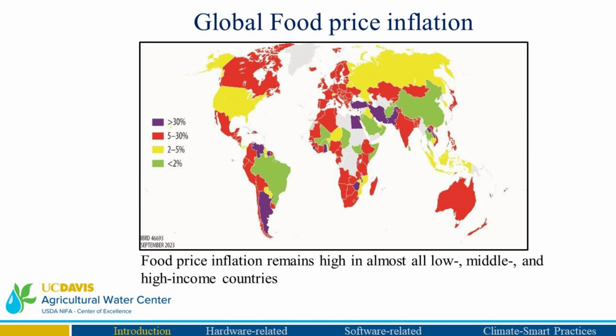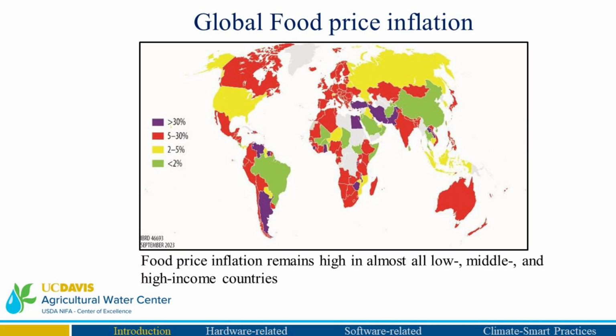Okay? But before I get into water technologies, I like to put up this map that shows the global food inflation. When you talk about agriculture, especially in developed societies, a lot of people don't relate to agriculture. But when you talk about food inflation, they understand it because when they go to a grocery store and spend a big part of their paycheck to buy food, then they understand how important agriculture is.